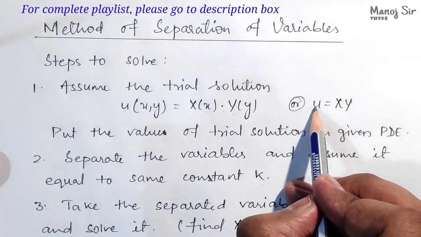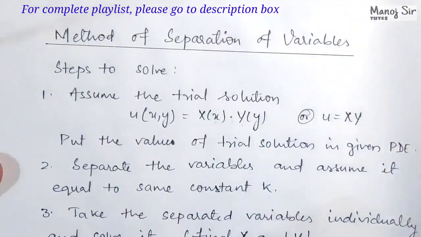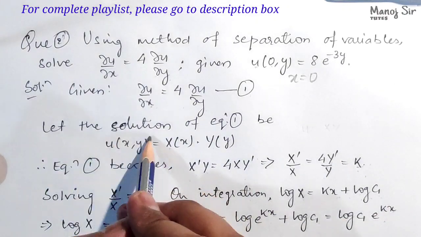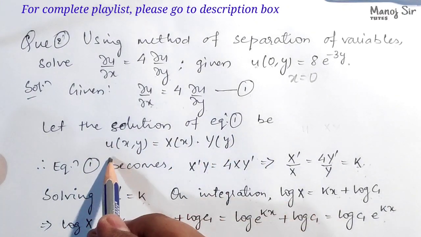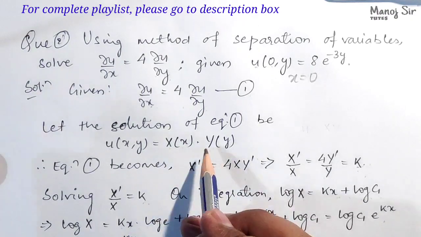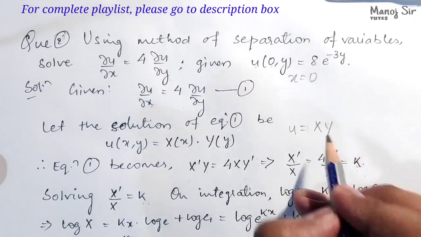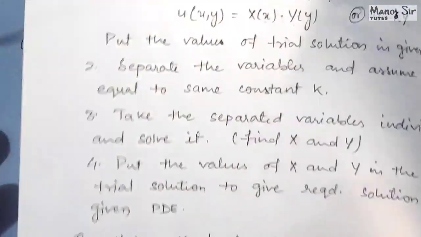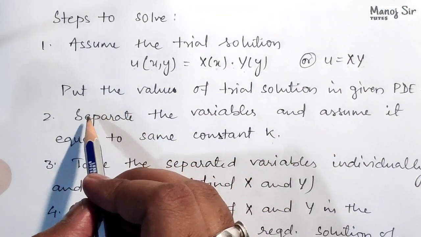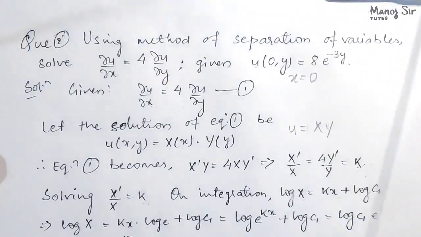Let the solution of equation 1 be u(x, y) equals X into Y. Then simply put the values of the trial solution in the given partial differential equation.